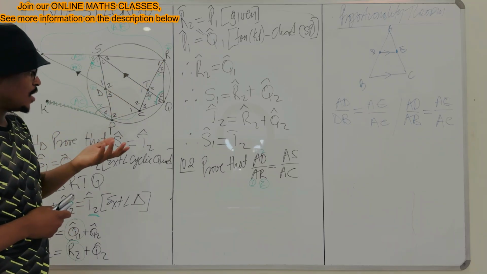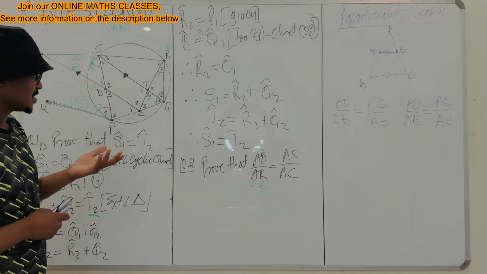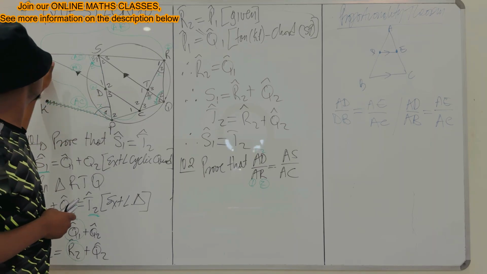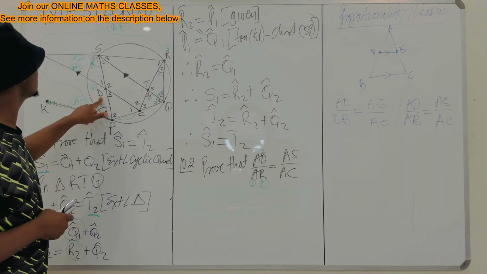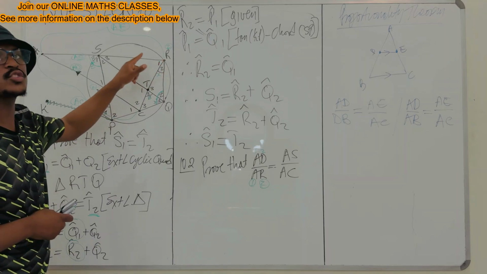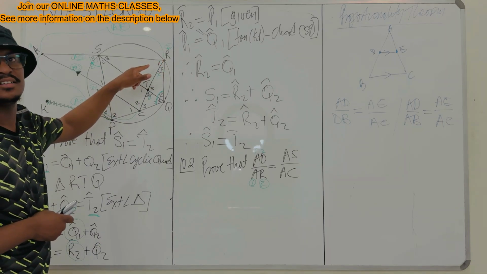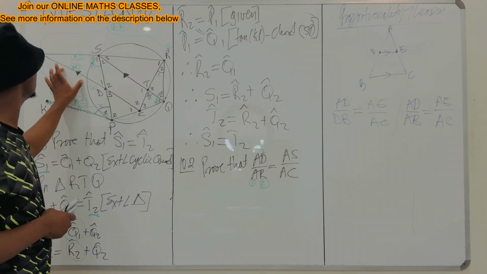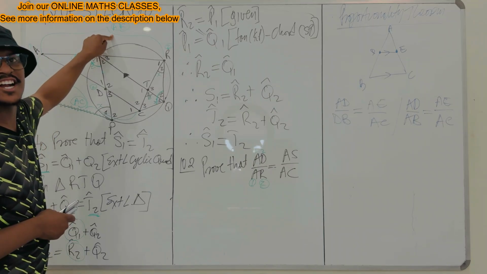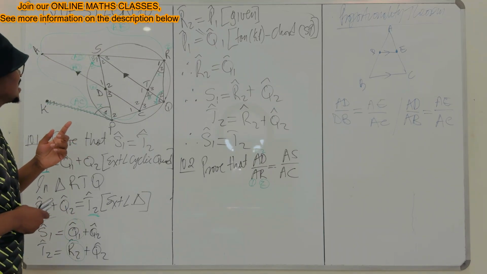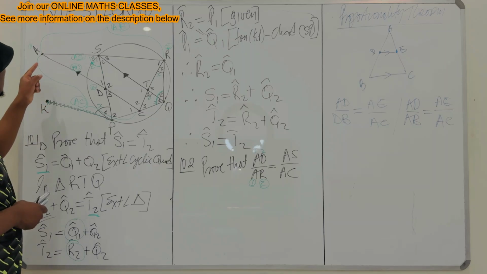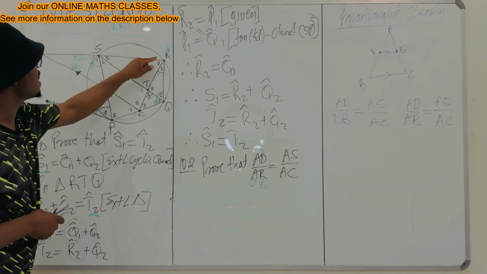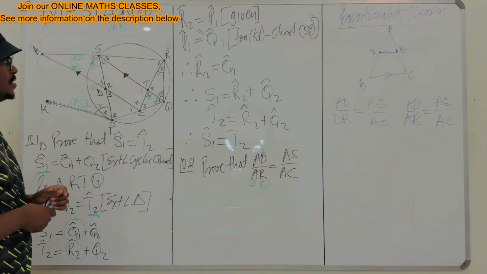So what I would like to think of this as, AD is a corresponding side of AR, or is corresponding to AR on the other triangle. Right? Which is your AD of the small triangle is represented by AR on the bigger triangle. So if you're looking at these triangles now, you'll be looking at triangle ADS and triangle ARC maybe.